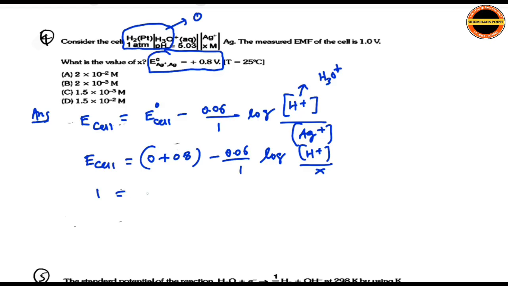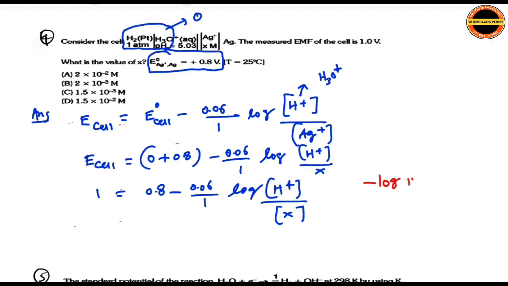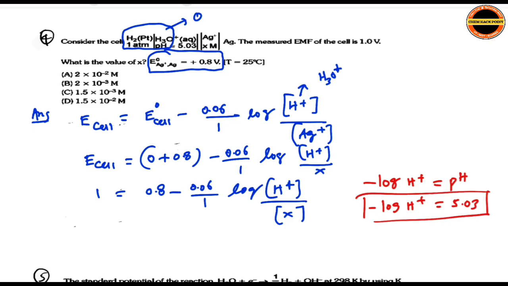So 1 is equal to 0.8 minus 0.06 by 1 log of H plus ion concentration by X concentration. But remember, minus log H plus is equal to pH, so you can write it in terms of pH also. pH is given as 5.03.